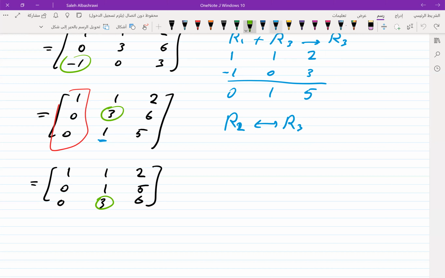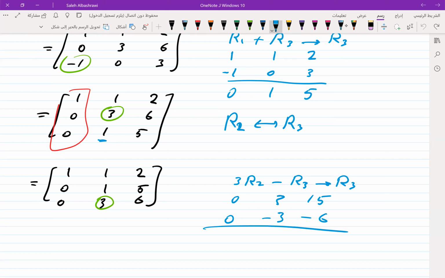Now I need to make this equal to 0. To make it equal to 0, I will multiply R2 by 3, so 3 R2 minus R3, and put it in R3. So I will have 0, 3 and 15, minus 0, 3, 6.